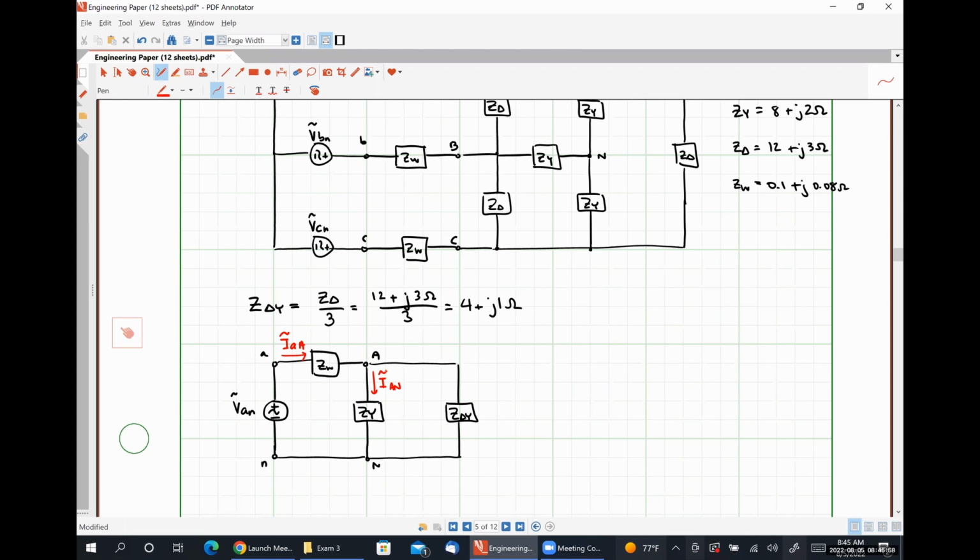But if we know IAA and we know IAN, this is actually all the information that we'll need to figure out that last phase current IAB, and we'll actually have 2 different ways that we could think about it, okay? So let's start by determining these 2 quantities.